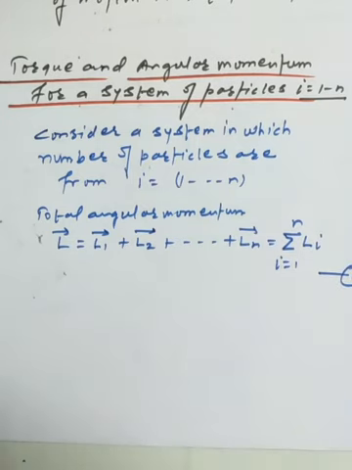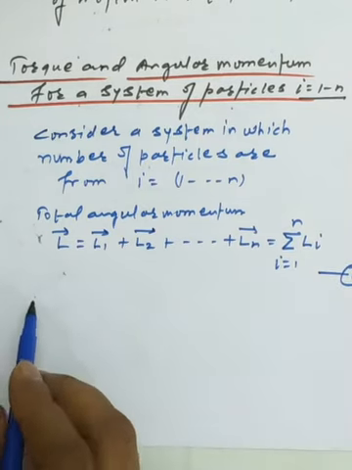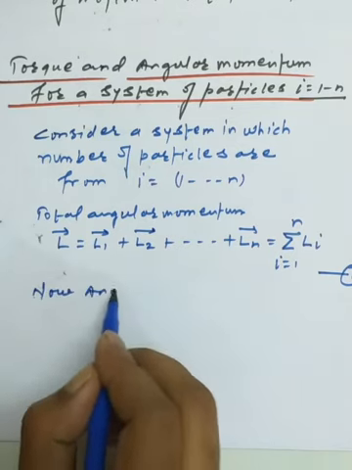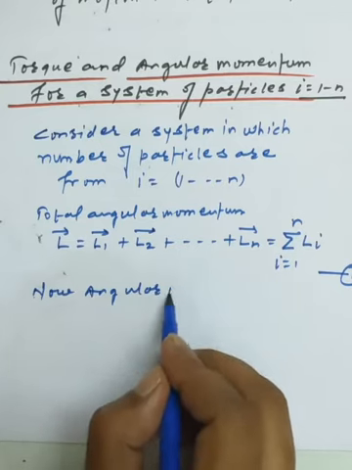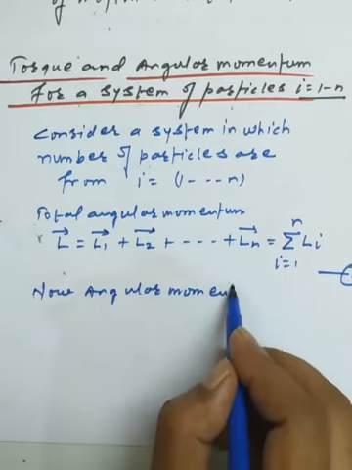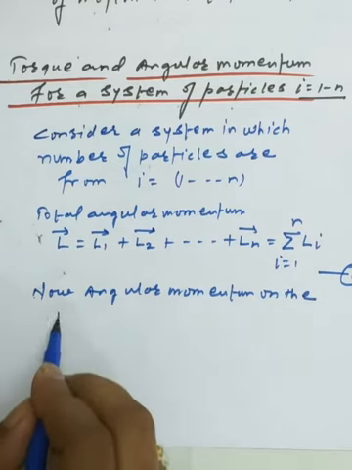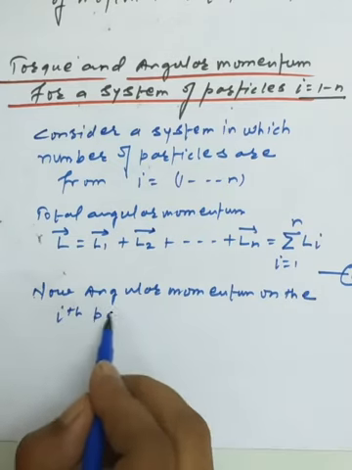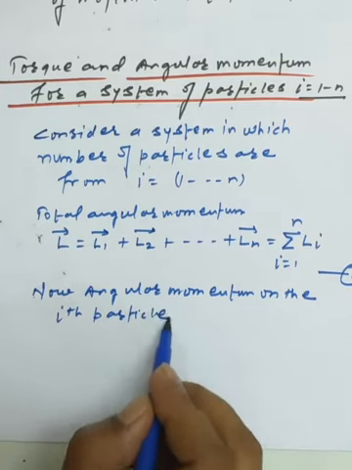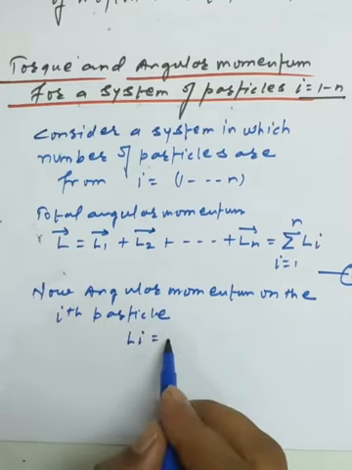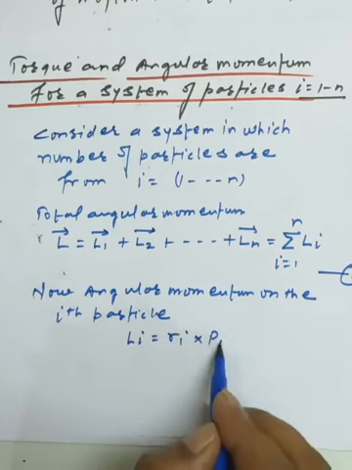Okay, now the angular momentum on the ith particle, Li is equal to Ri cross Pi.